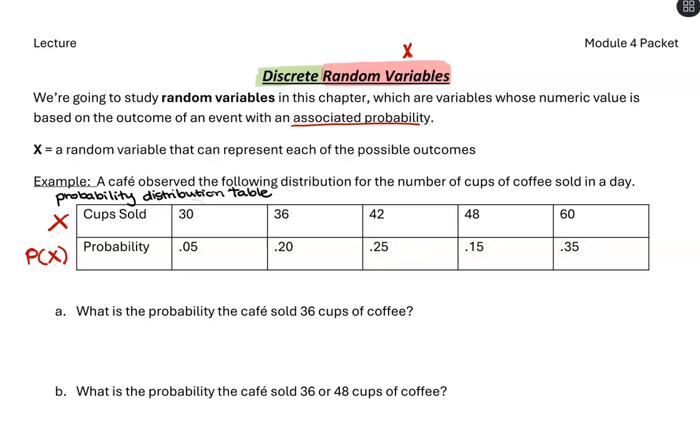So reading this table, if I look at that 30 and 0.05 that go together, that means the probability the cafe sold 30 cups in a day is 5% chance. And then if I jump to, let's say, the 48 and 0.15, the probability they sold 48 cups in a day was 15%. So this table tells me the possible outcomes along with the probability associated with that outcome.